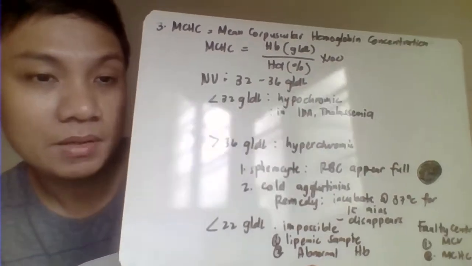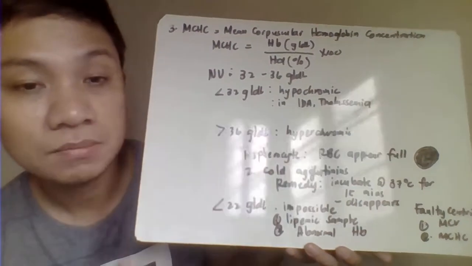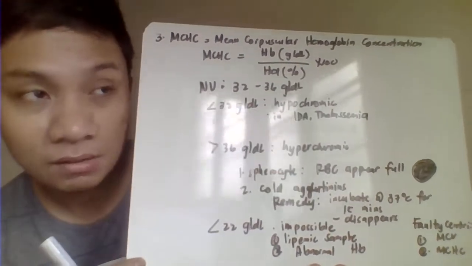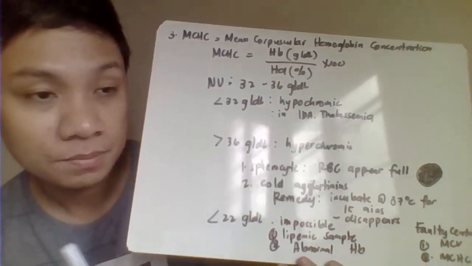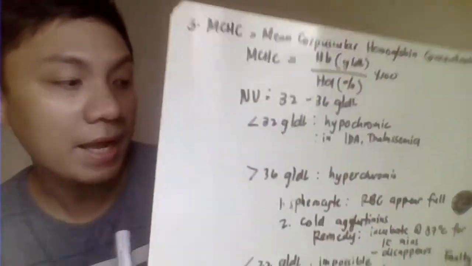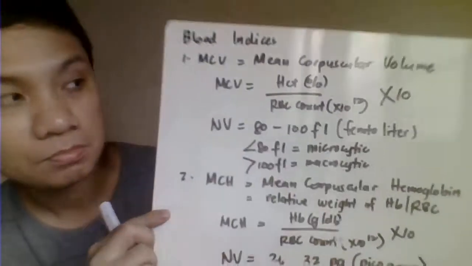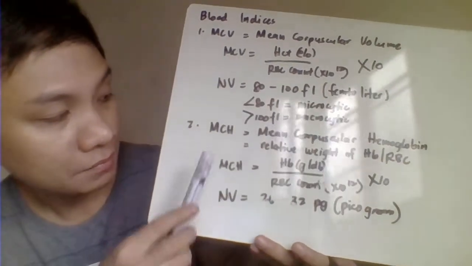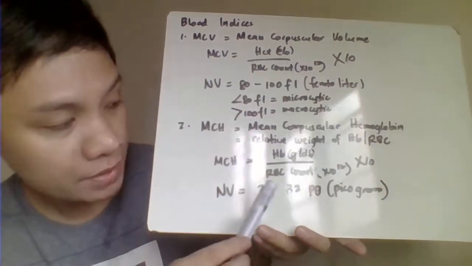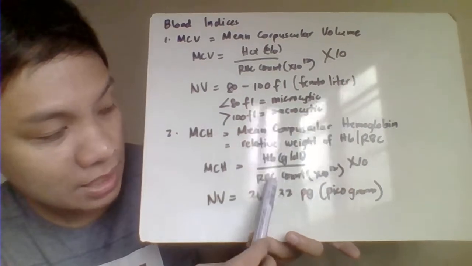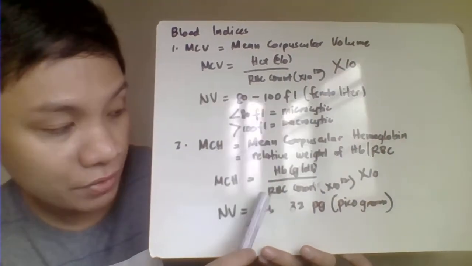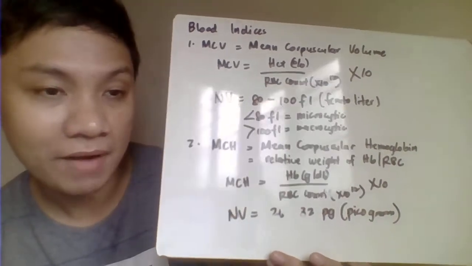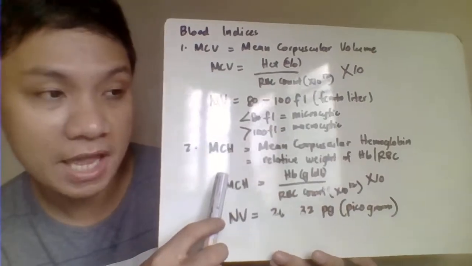What are the parameters affected? If you are doing the manual procedure, number one, MCV. Why MCV? Okay, because may hematocrit tayo, gumagamit tayo ng centrifuge dito. MCH ba? Okay, so wala tayong hematocrit dito, hindi tayo gumagamit ng centrifuge in order for us to have the value needed for the MCH.